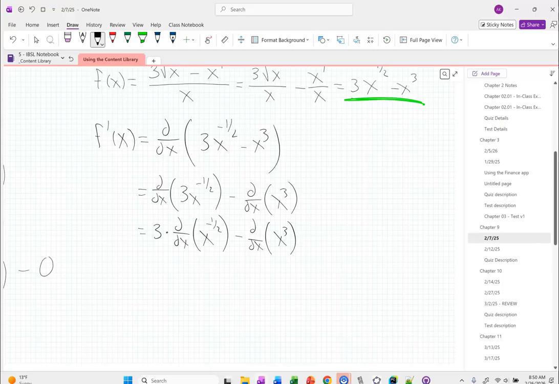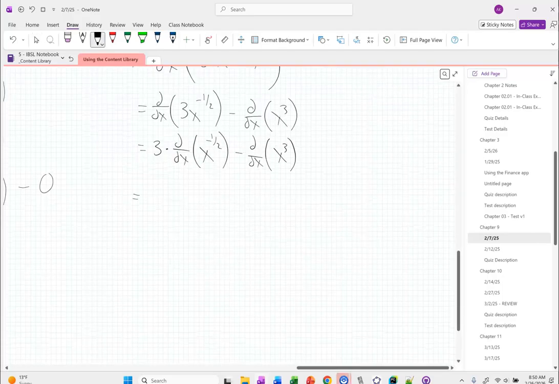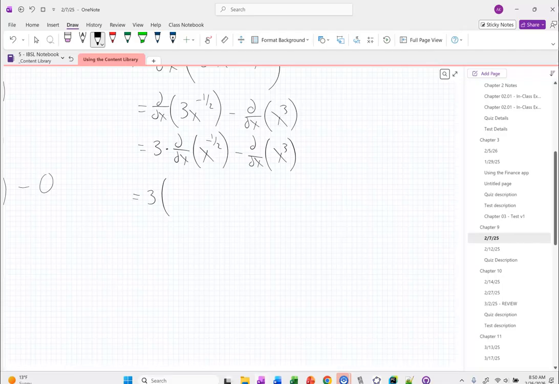And now I'm ready to apply the power rule and take my derivatives. What is the derivative of x to the negative 1/2 going to be? Negative 1/2 times x to the negative 1/2 minus 1, which is negative 3/2.